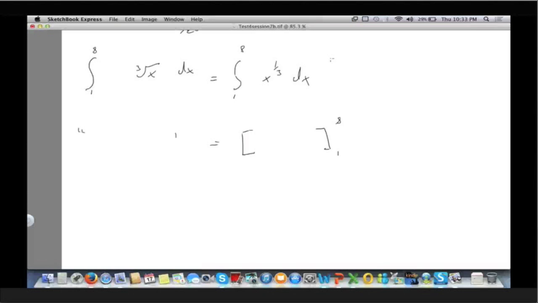It's 3 over 4, x to the 4 over 3, divided by 4 over 3. You add 3 over 3, so you get 4/3, divided by 4/3, which is 3 over 4.